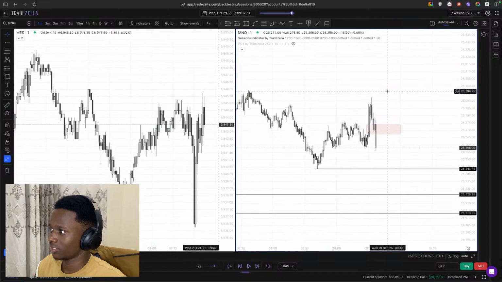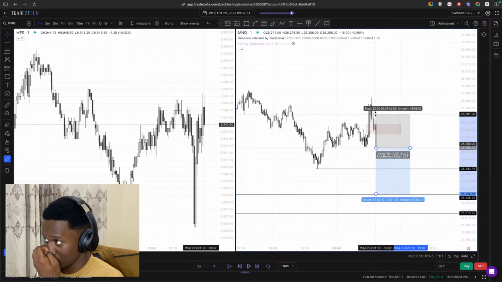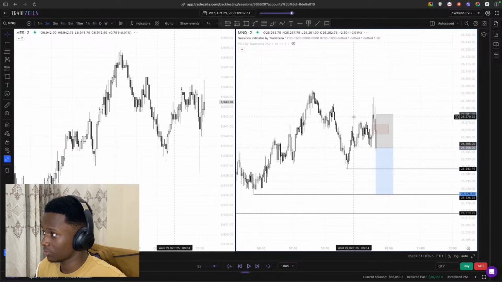So we can take a small short scalp, maybe target this low here, 30 points, and risk around, let's check the 2-minute, this will be around 23 points, so 1.3 I'll be okay.